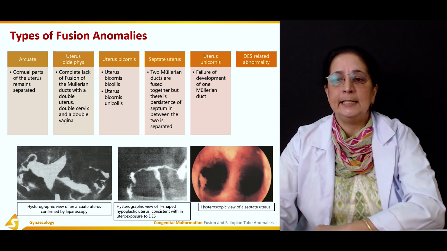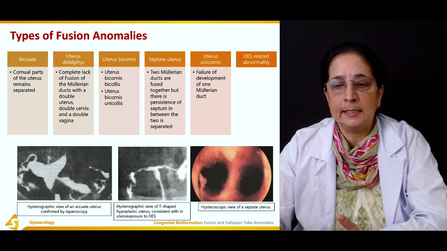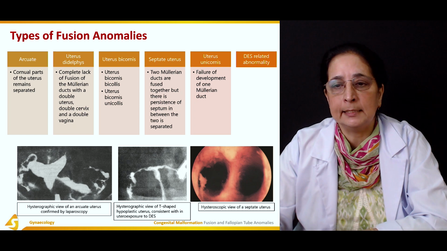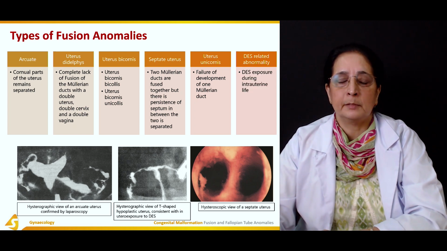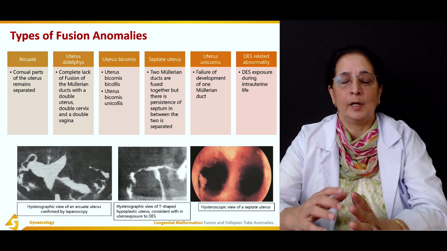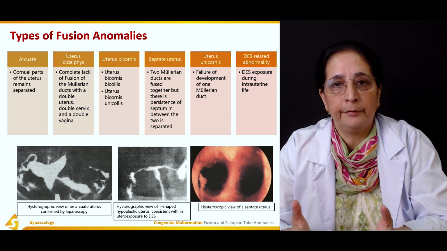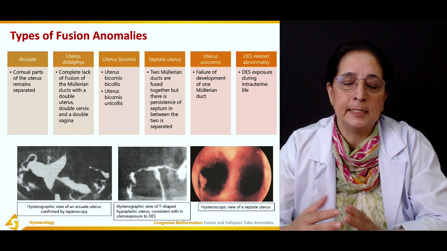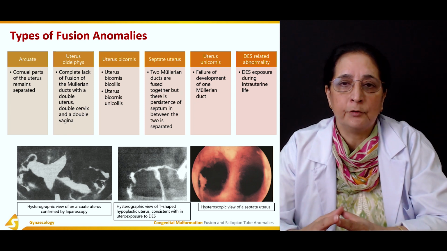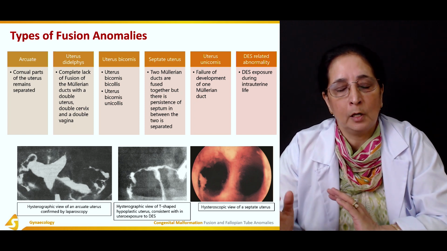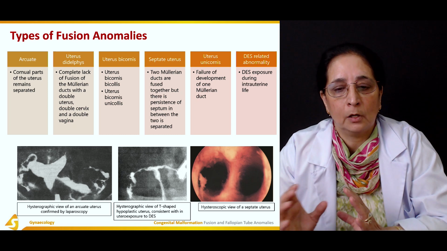Then we have DES related abnormality, which is diethylstilbestrol exposure during intrauterine life, which leads to different abnormalities like rudimentary horn, which is the small portion present on the top.